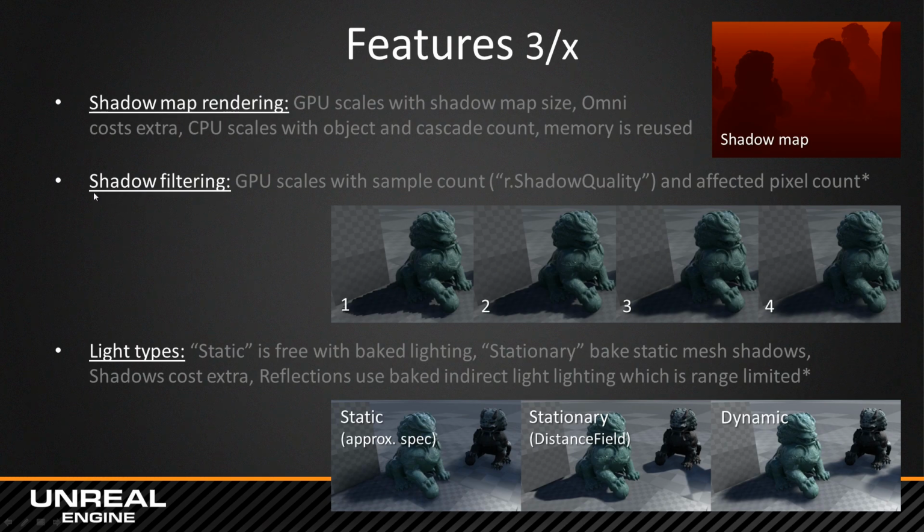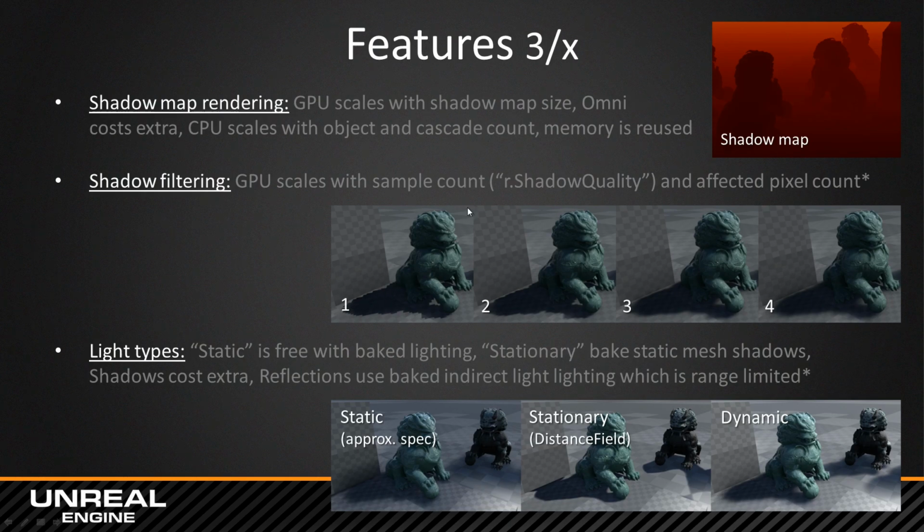Later on during the frame, we actually need to use the shadow map, and then we do filtering. We make multiple lookups into the shadow map, and depending on the filtering quality that is specified, it requires more or less performance. This one scales with the amount of pixels being covered on the screen, and also how many light sources overlap in these pixels.